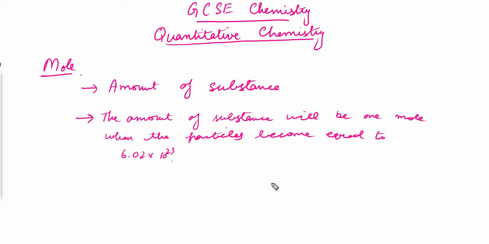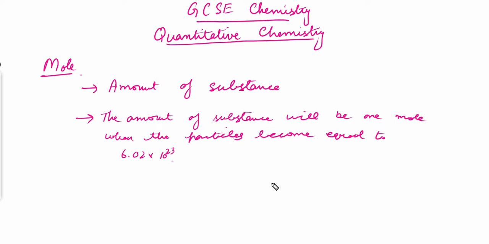But that amount will be so large that we cannot use the unit of mole for ordinary substances in our daily life. So we use this unit to represent the amount of atoms in a substance. Let's suppose we have 12 gram of carbon.